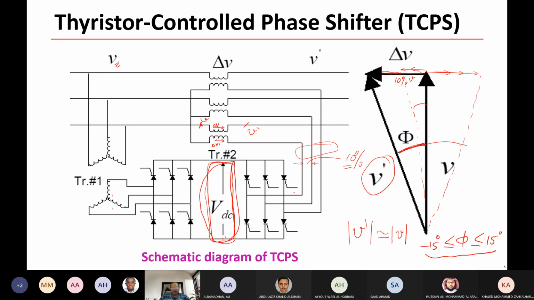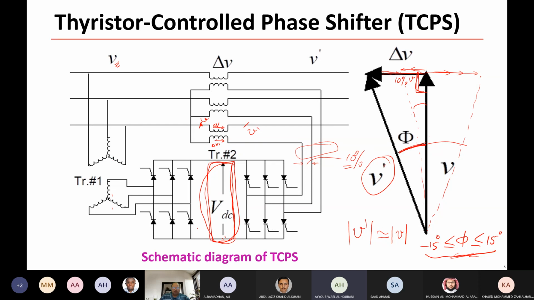The phase shift comes from the injection of a voltage which is perpendicular to this voltage. And we can have this 90 degrees here between this voltage and V. So in this case, we can have a phase shift of plus minus phi, between phi minimum and phi maximum. So is that okay, Horani? Yes, it's okay, Doctor. Doctor, one more point.